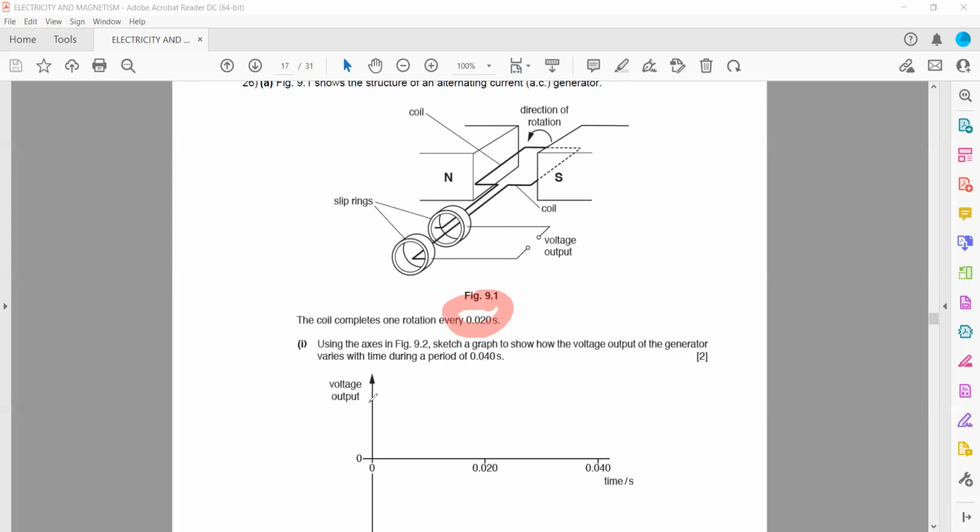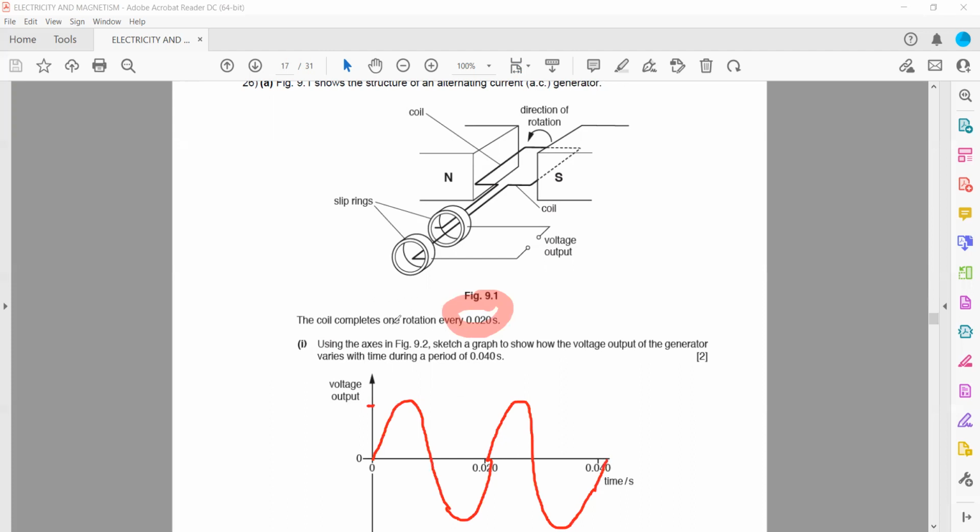You can start with a maximum, but you should complete one cycle. This is one cycle in 0.02, and the second part is also in 0.02. So the total will be 0.04.